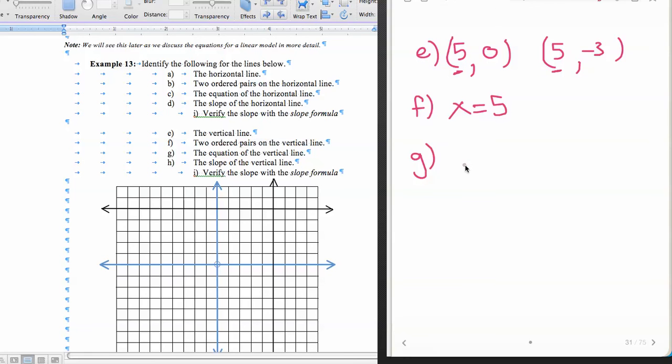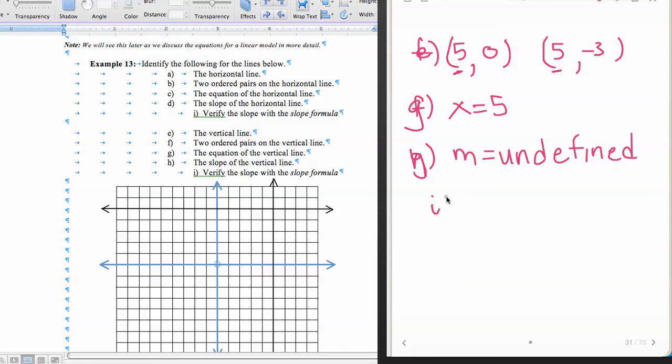And then the next thing that we want to do is give the, oops, I did that, the vertical line. This should be F, and this should be G, and now we're on to H. Sorry about that. Now we want to give the slope. Well, it's a vertical line. All vertical lines have undefined slope, and so we can simply write it just that easily. And then we're going to verify that with the slope formula.